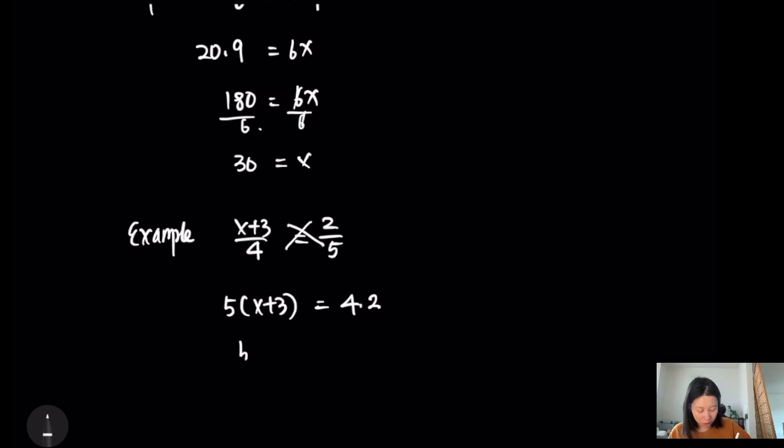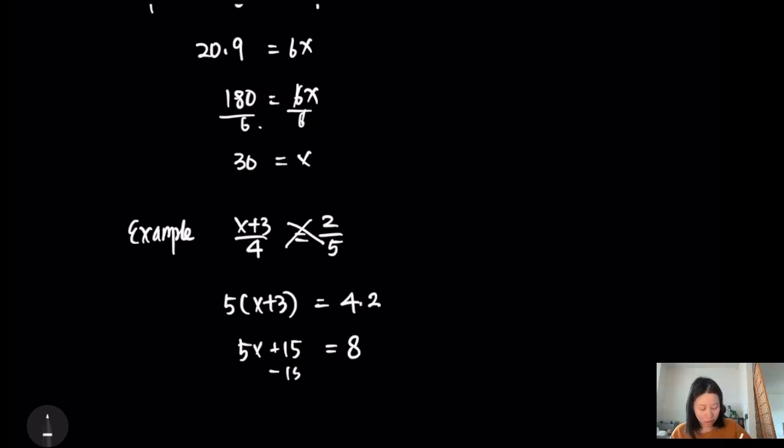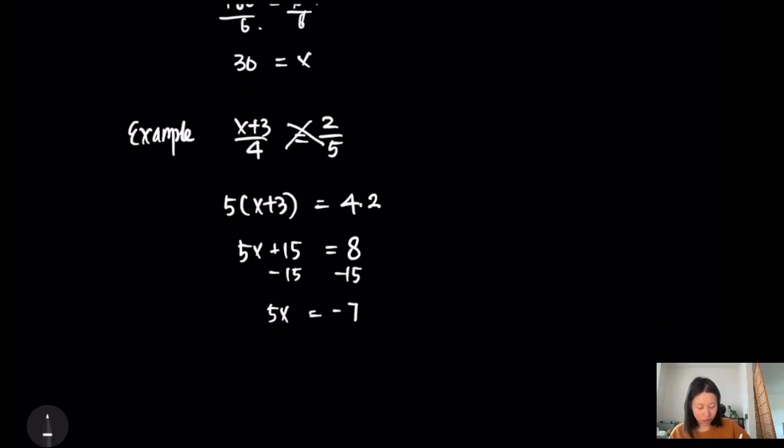Now, we simplify. I have 5x plus 15 equals 8. Then we can just solve for x. Minus 15 on both sides. I have 5x equals -7. Then we can divide by 5 on both sides. So x is equal to -7 over 5.